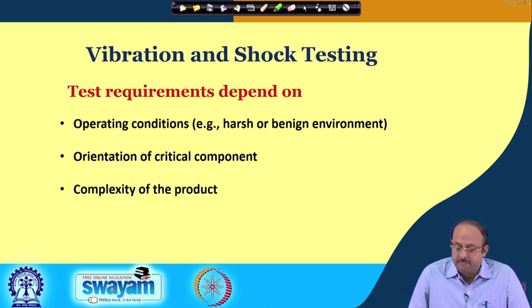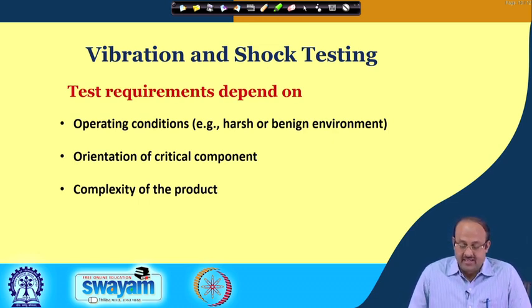As I said, the example is home appliances and electronic equipment where the vibration level is low. But at the other extreme, there may be equipment which will operate in a very harsh environment, like in military operations. The electronic equipment has to work in the harsh environment, and there the testing requirement is different.